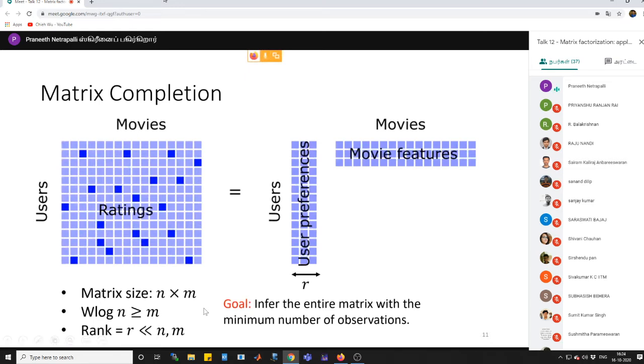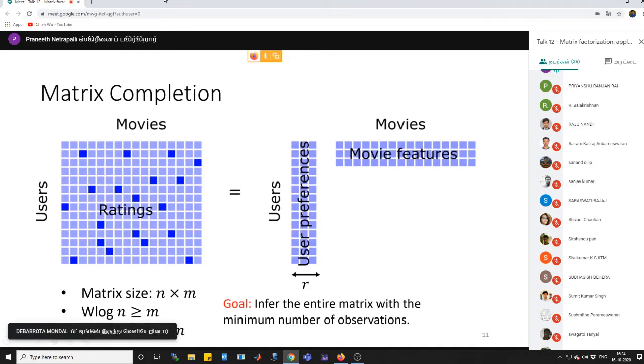So just some notation. The matrix size here is n cross m, users cross movies, and without loss of generality, we assume that n is greater than or equal to m. Otherwise, you can just take the transpose of the matrix, right? The rank of the matrix is denoted by R, and it's much smaller than either n or m.